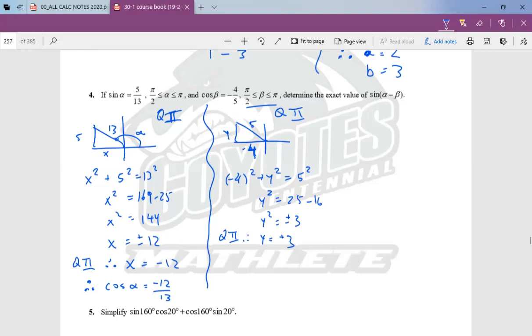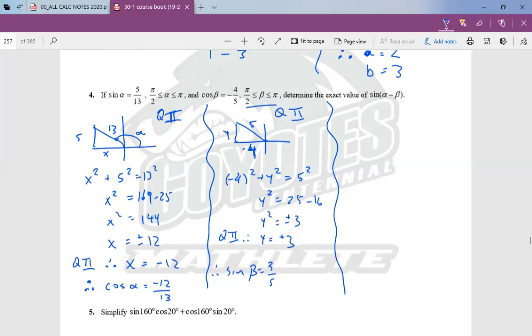We know that cos beta is -4/5. Therefore, now we know sine beta. Therefore, sine beta is equal to 3/5. Now we're ready to go.